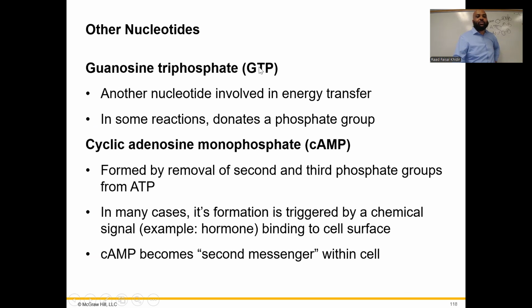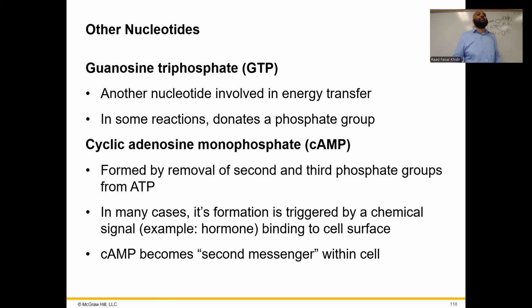There is guanosine triphosphate. So we don't only have adenine triphosphate, we have guanosine triphosphate. That's another nucleotide involved in energy transfer, and it donates a phosphate group, just like ATP donates a phosphate group. Then there is cyclic AMP. The enzyme is known as adenylyl cyclase.